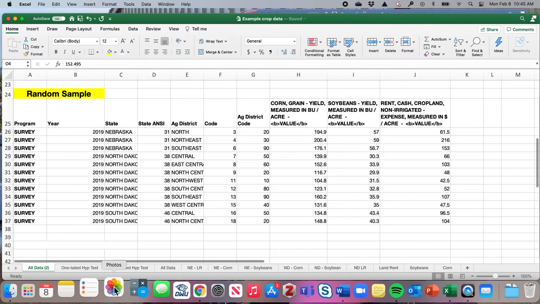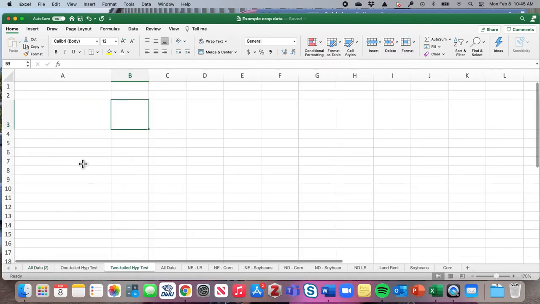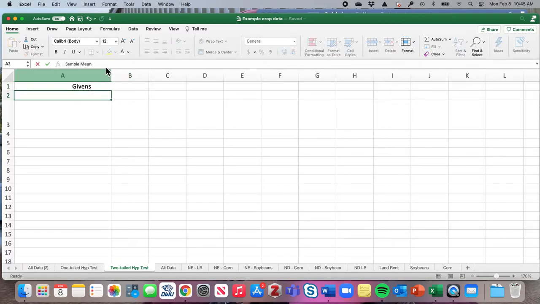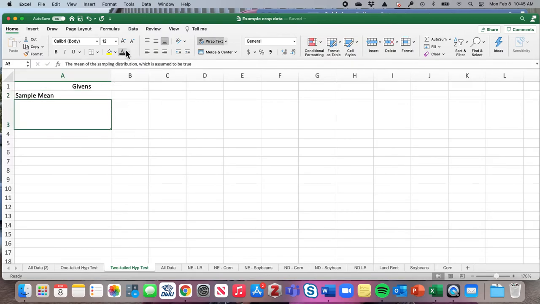So here's how we're going to do this using Excel. Unfortunately, there isn't any masterful formula that's going to show us how to do this. So we're going to create our own. We're going to use givens, starting with a sample mean, and then we're going to look at the mean of the sampling distribution, which is assumed to be true.